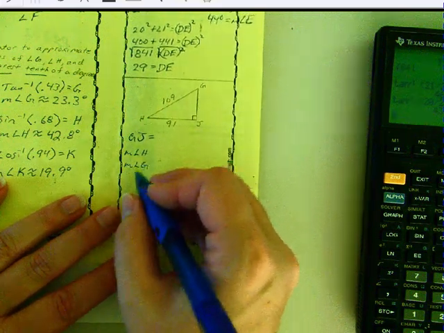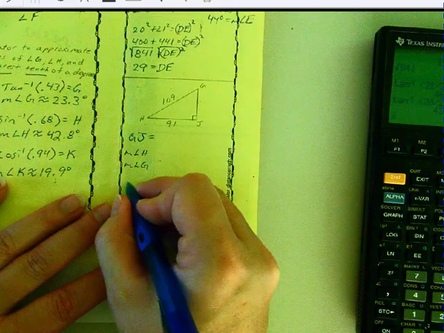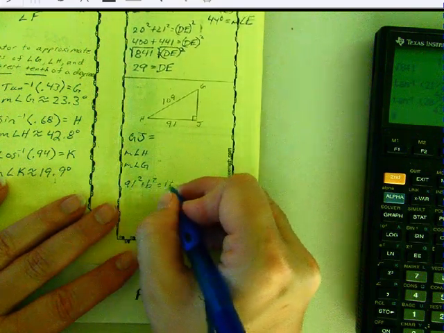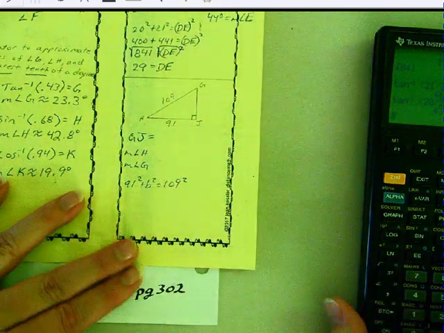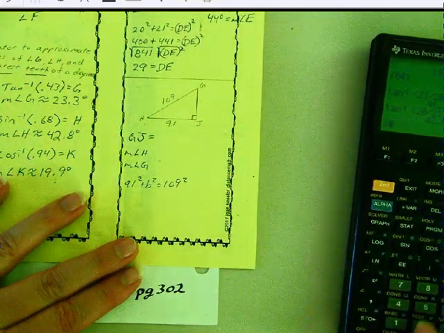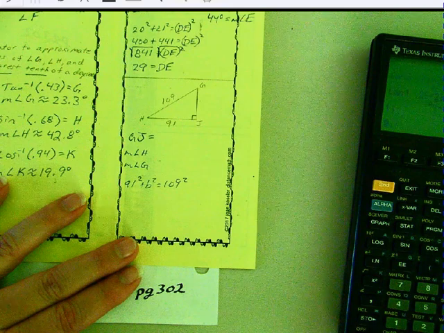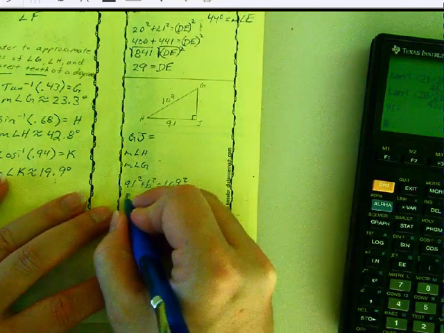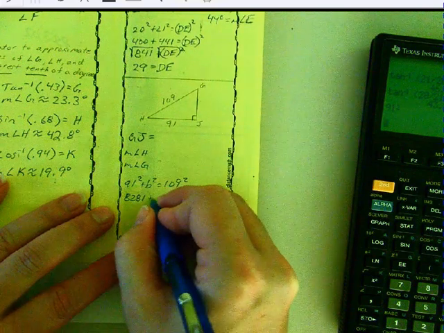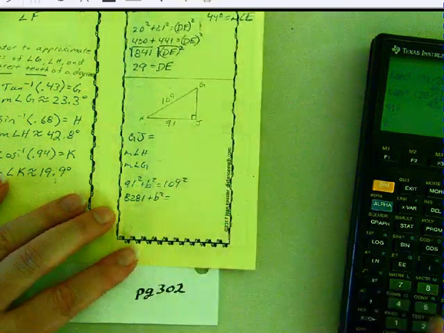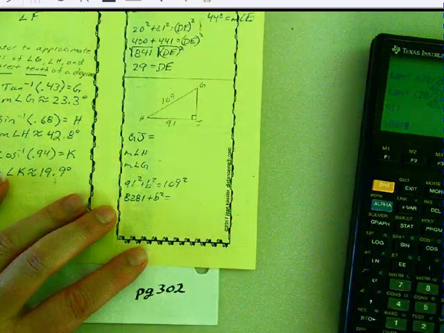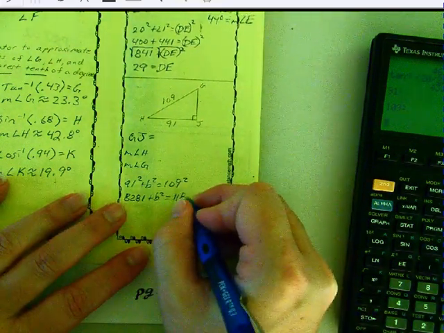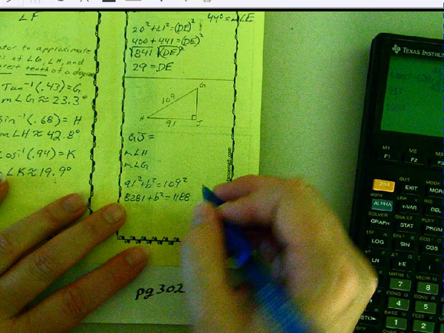So this time I have one leg and the hypotenuse, so I have 91 squared plus b squared equals 109 squared. So typing those into my calculator, 91 squared is going to give me 8,281 plus b squared equals 109 squared, which is 11,881.